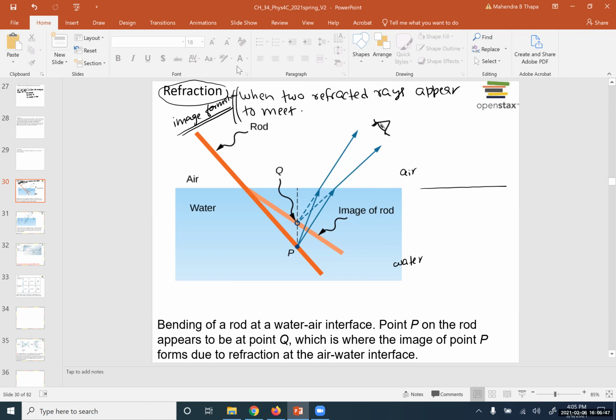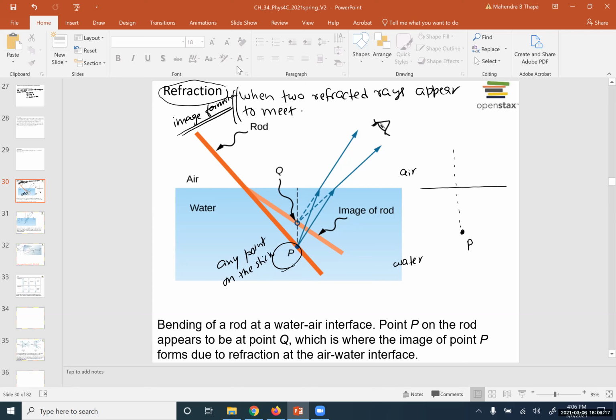Say I have the point P here, and I'm drawing the perpendicular line. This is the outward drawn perpendicular. This P is any point on the stick.